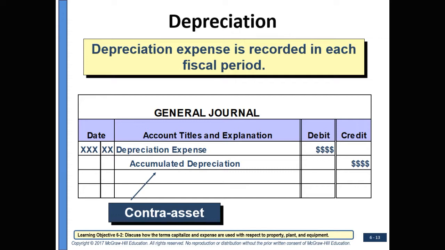Contra asset accounts are used to segregate total depreciation that has been recorded from the original cost of the asset and allows us to keep things very transparent.